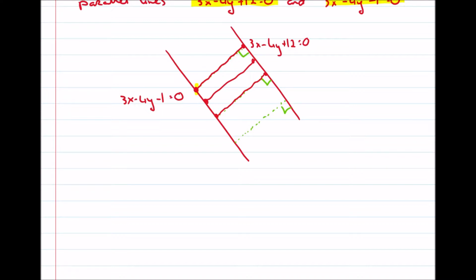In this instance, I'm going to choose this line here to get the point on. You'll see why in a second. You could choose the other line to get the point on, but I've just noticed something here. So I'm going to let x equal 0.